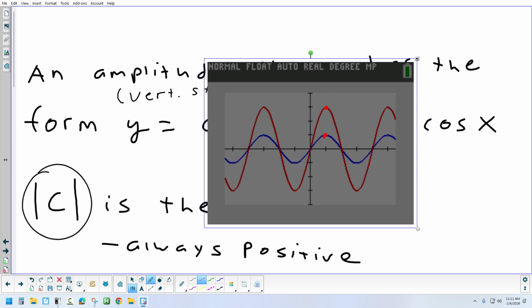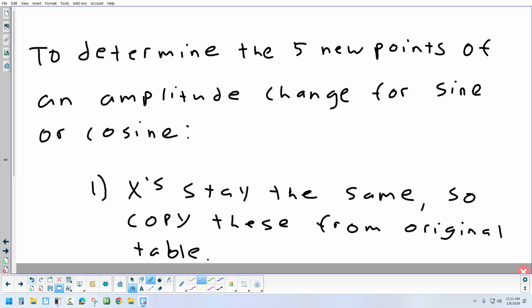There's no left and right movement when you stretch up and down. So x's are going to stay the same. That's nice because the x's are the ones that are harder to work with. So for the next few problems we do, the x's are going to be 0, pi over 2, pi, 3 pi over 2, 2 pi.